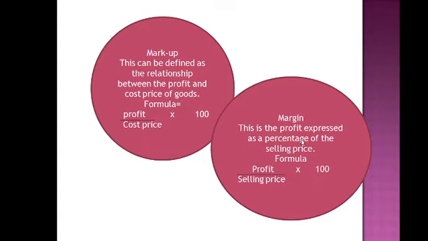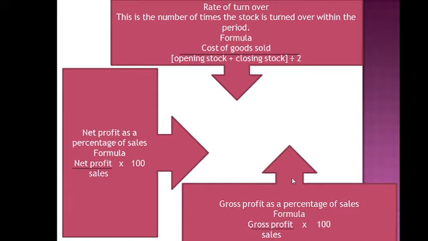You add your transportation fare, you add your NEPA bill, you add the rent, you add the tax, and so many other things before you now say this is going to be my selling price. Is that clear? The formula for this is profit over selling price times 100.